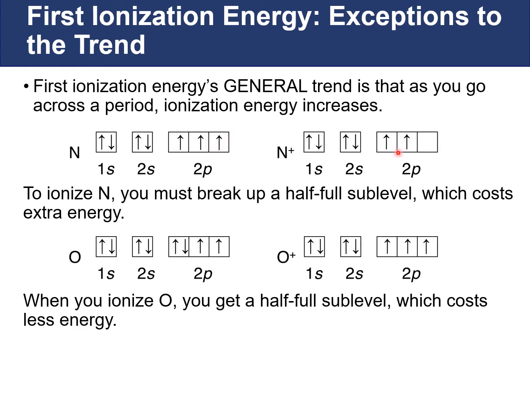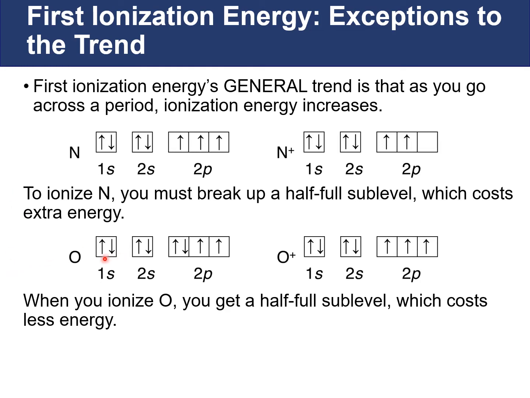That nitrogen plus would have a non-half-filled subshell. So going from a half-filled subshell to a partially filled subshell requires a bit more energy than if we were removing an electron from perhaps the nitrogen plus, this type of an arrangement. So to ionize nitrogen, you have to break up a half-filled subshell, which costs that extra energy.